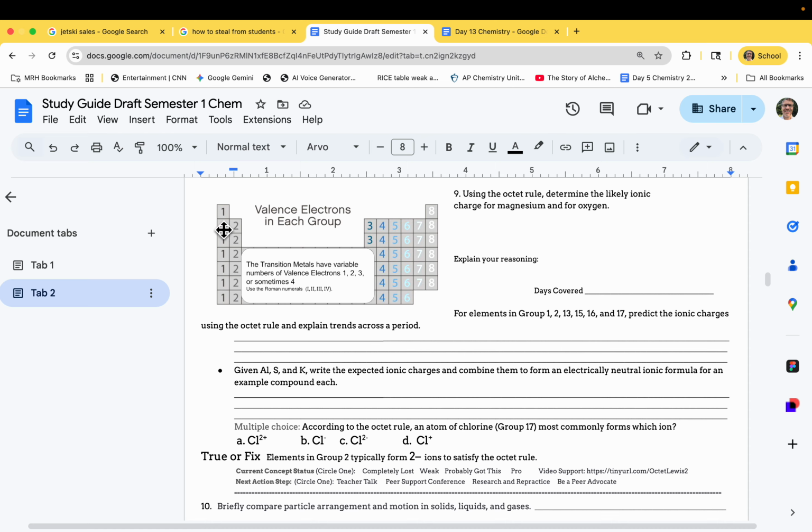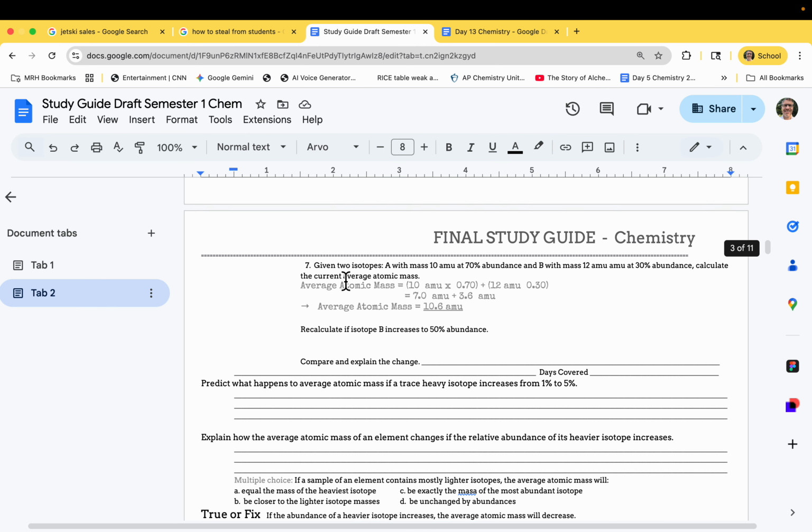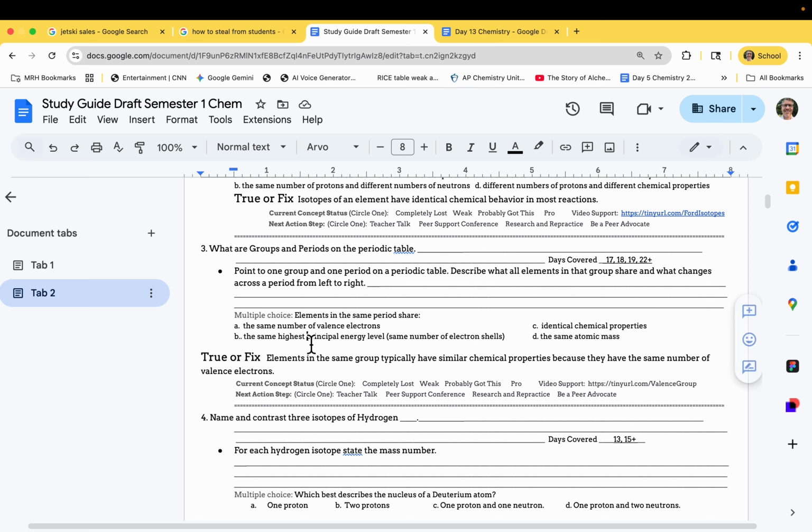So as you pop down the periods, you're looking at elements that have more circles in their Bohr diagram, more energy levels. So B was the best answer to that question. The same highest principal energy level, also known as the same number of electron shells.